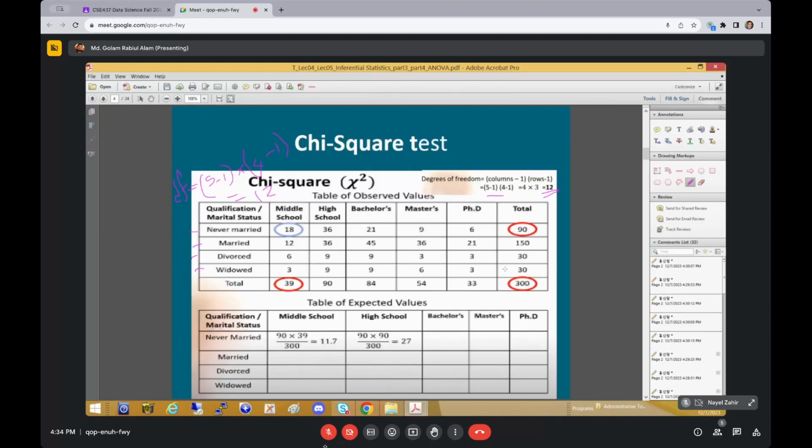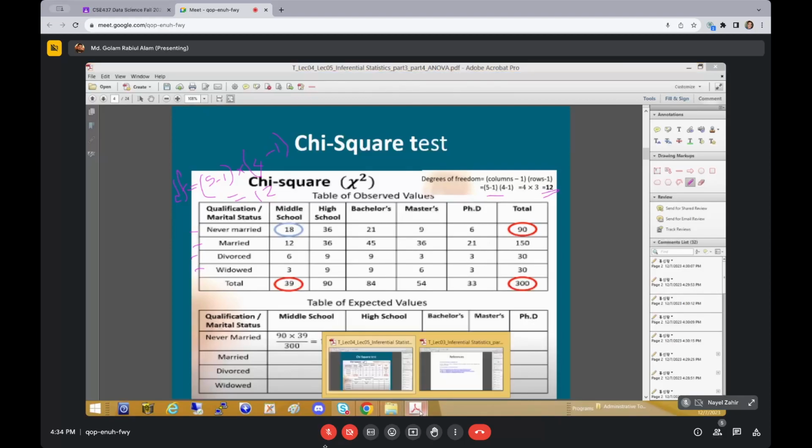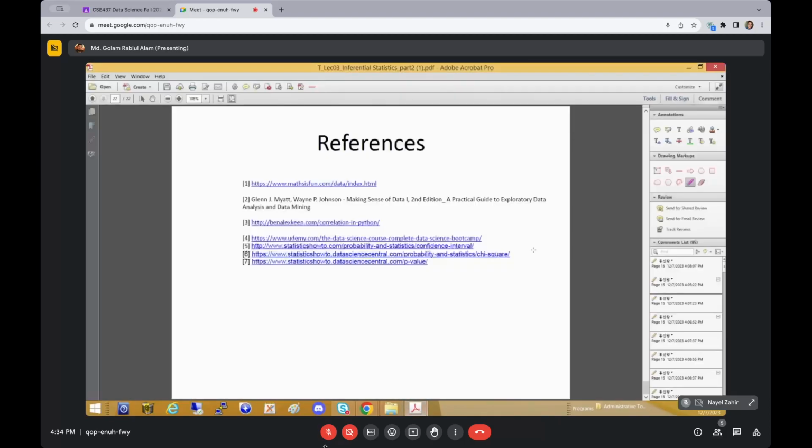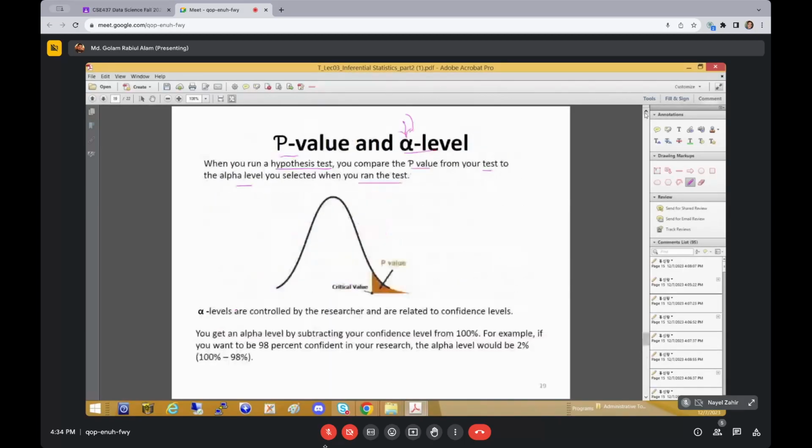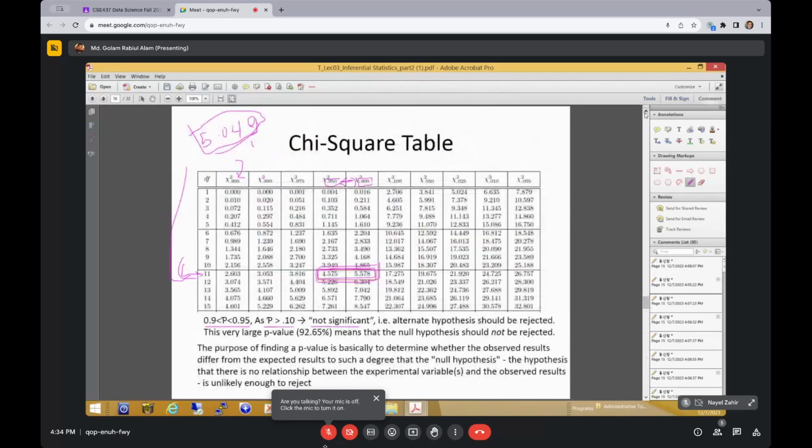So what we have to do is find the chi-square value. Here the alpha value we can see is 0.05.